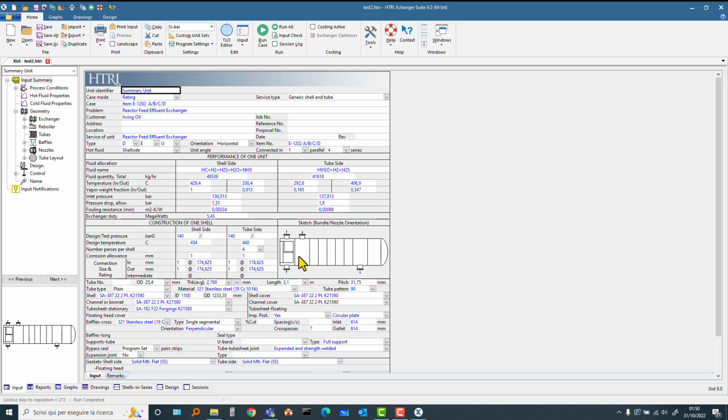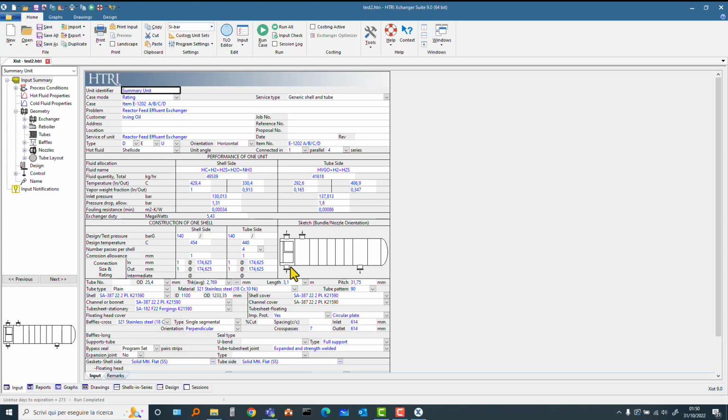Those two distances are equal and have been set to 614 millimeter. Possibly somebody has already tried to make some kind of mechanical design of this unit, and therefore these distances are fixed because it depends on the nozzle, on the reinforcement, and the reinforcement distances around the nozzle, etc.